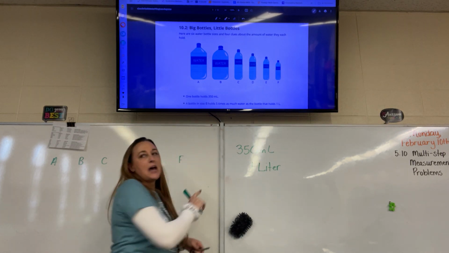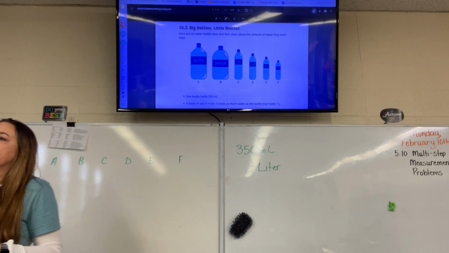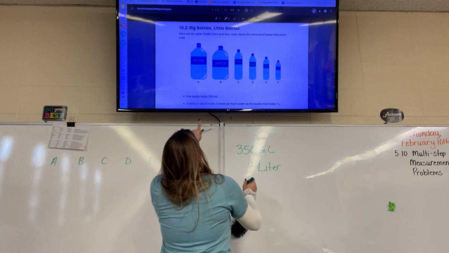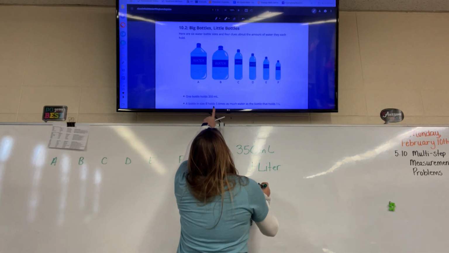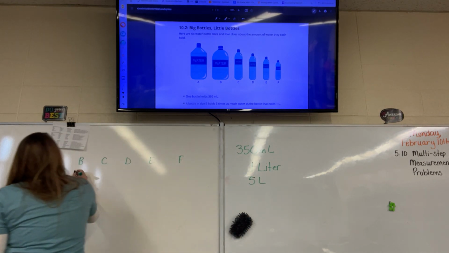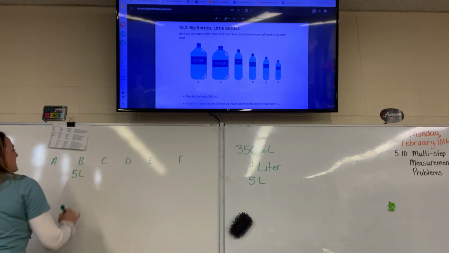What's 5 times as much as 1 liter? 5 times as much as 1. 5, yes. So that means that B is 5 liters. So bottle B is 5 liters.